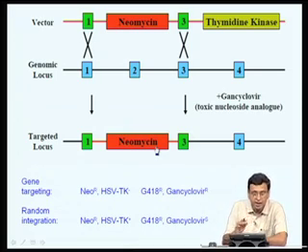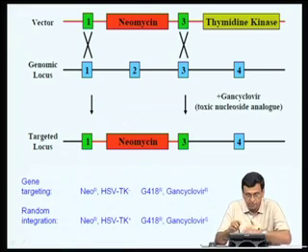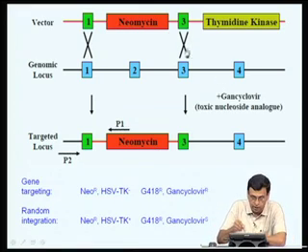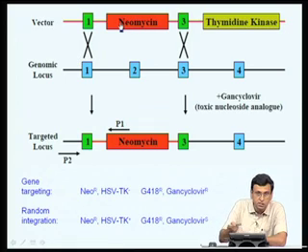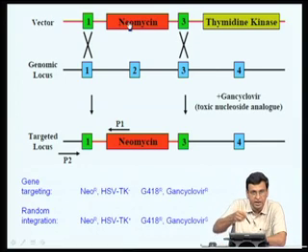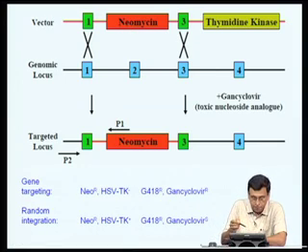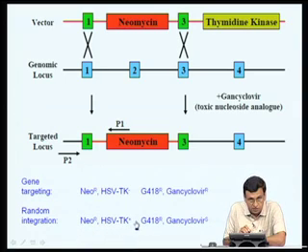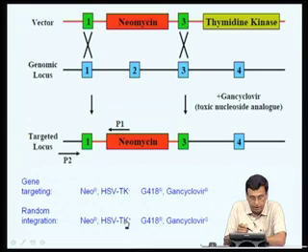On the other hand, if random integration has taken place, if there is no homologous recombination, and the entire transgene has got integrated randomly, then both the neomycin gene as well as the thymidine kinase will get incorporated. As a result, these cells in which the entire cassette has integrated because of random integration will be both neomycin resistant as well as HSV-TK positive. They will also be expressing the thymidine kinase.